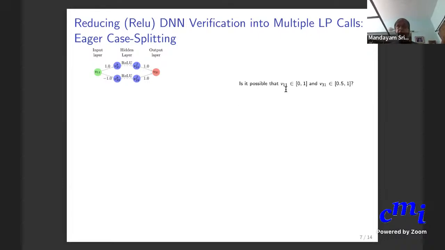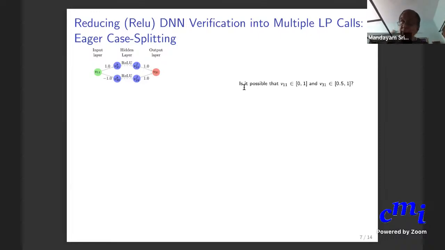In other words, if the input is between 0 and 1, the question I'm asking is whether it is possible that the output is between 0.5 and 1. It is obviously possible, because if it is positive it gives the same output, and if it is 0 it will be 0.